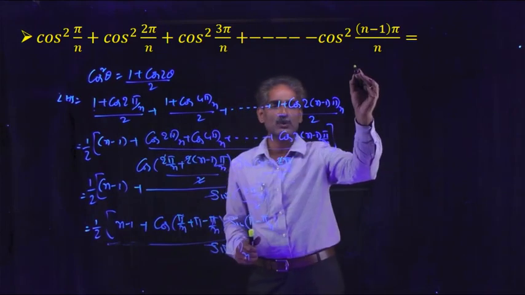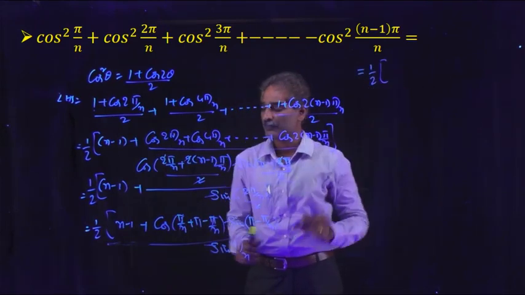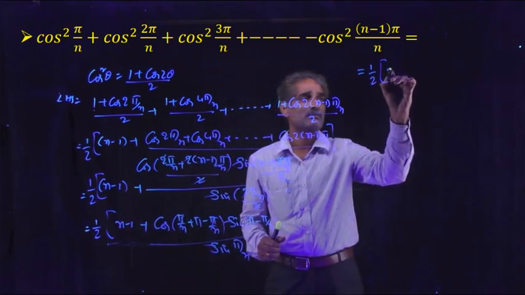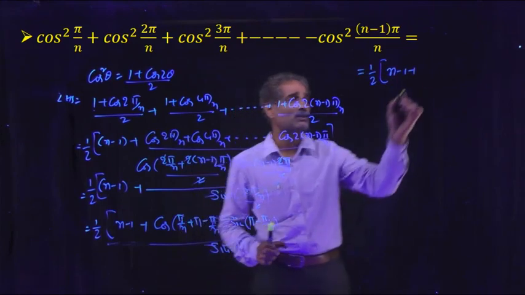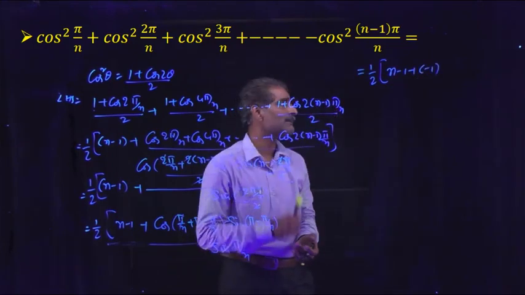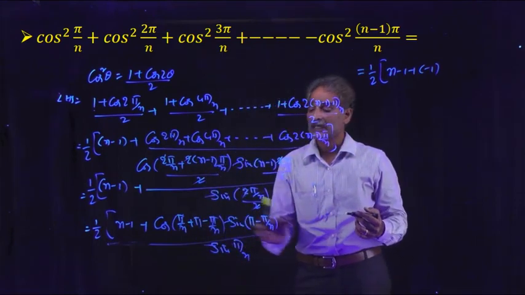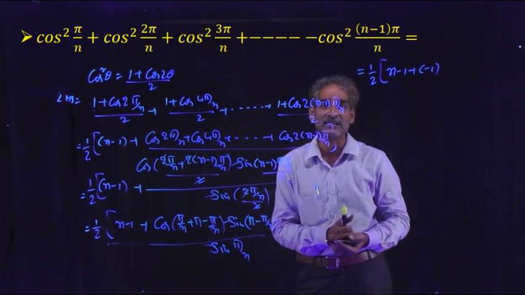So write down the value. Here this is equal to 1 by 2 into n minus 1 plus the value of cos pi, which is minus 1, and cos of pi minus theta is equal to sine of pi minus theta. Sine of pi minus theta is sine theta because pi minus theta is the angle in the second quadrant.